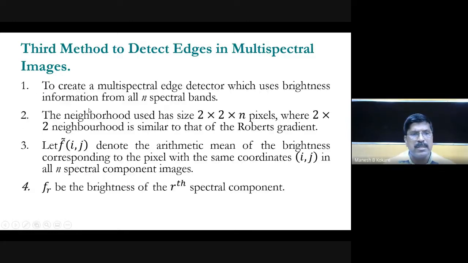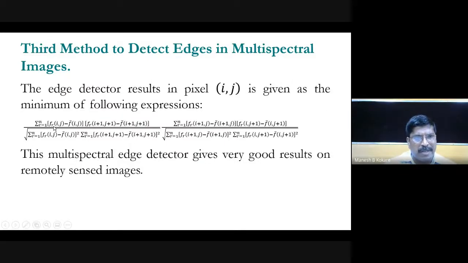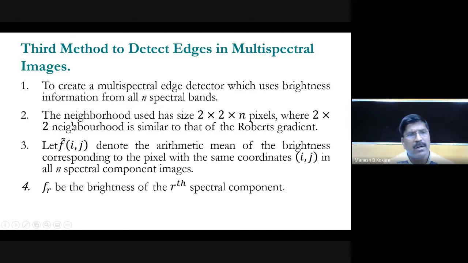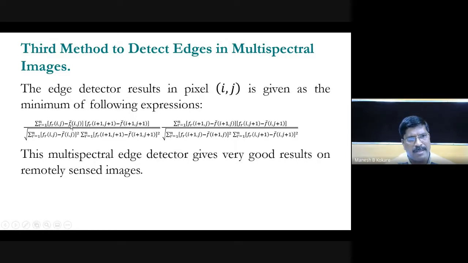For that, you are considering the brightness of the rth spectral component, and then you are subtracting the mean value, the arithmetic mean, from it. So f_r(i,j) minus f tilde i,j, multiplied with f_r(i+1,j+1) minus f tilde (i+1,j+1). This is divided by the square root of the summation over r equal to 1 to n of f_r(i,j) minus f tilde i,j, squared. Again the same pixel coordinates are there above, and the square of this one.